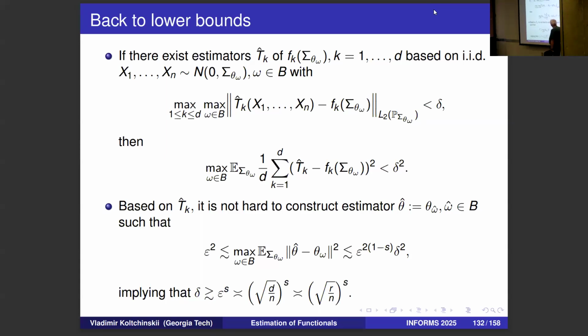From there, you can use the values of these estimators to estimate omega for your vector theta omega, and create an estimator of theta omega.